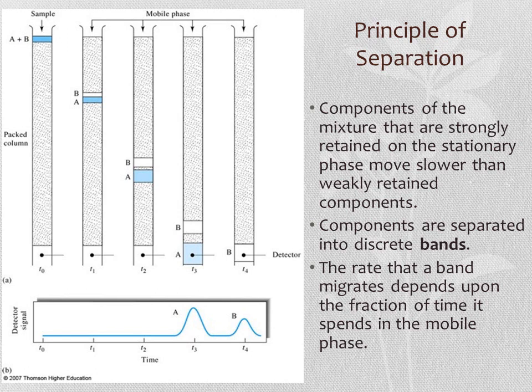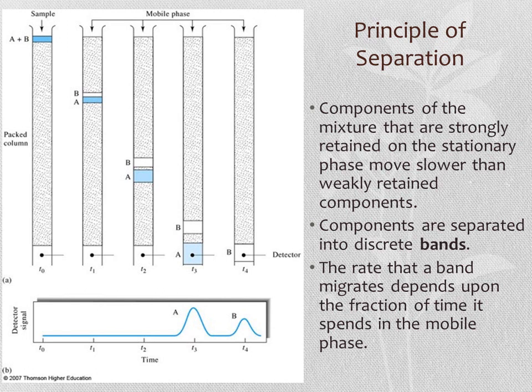So we have this tight band of A and B at time 0. And down at the bottom of the column, you have a detector that you're going to watch and see what's happening. It could be your eye if you had visible things, and that's how Michael Tswett actually discovered chromatography, as he was using chlorophylls and pigments and watching the different colors of the bands come out.